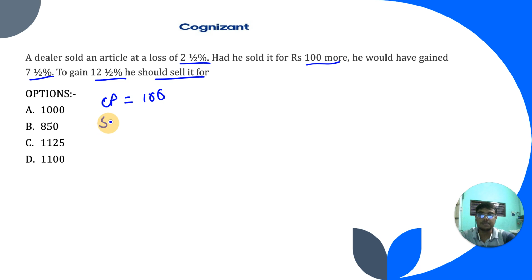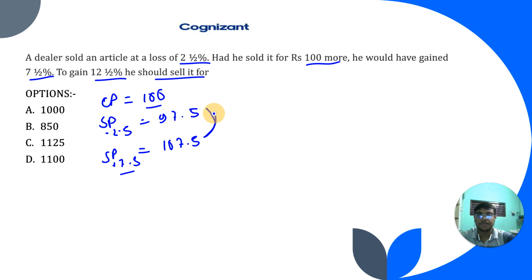In that case, the selling price after having a 2.5% loss would be 97.5. And to gain a profit of 7.5%, we need to sell the article at 107.5, because the cost price is 100; a profit of 7.5% would result in a selling price of 107.5.